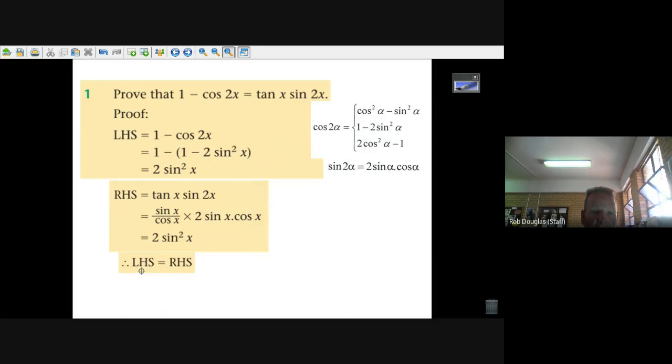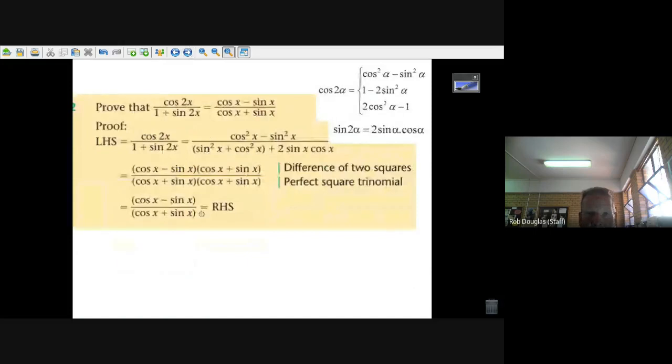So we can say, therefore, the left-hand side equals the right-hand side. That's what we're trying to prove. Now, you notice we didn't just do things to both sides of the equation. We try and work the left-hand side or the right-hand side to look like the other side by doing algebraic manipulations.